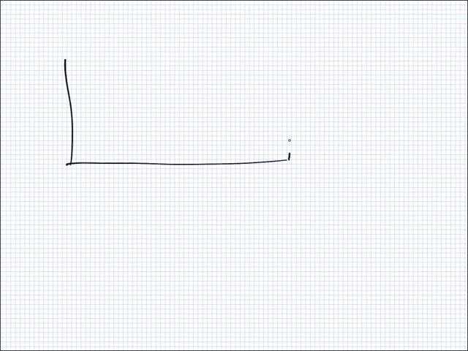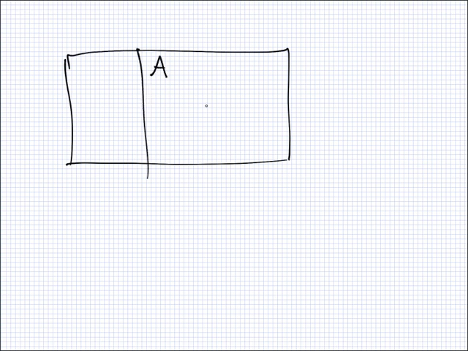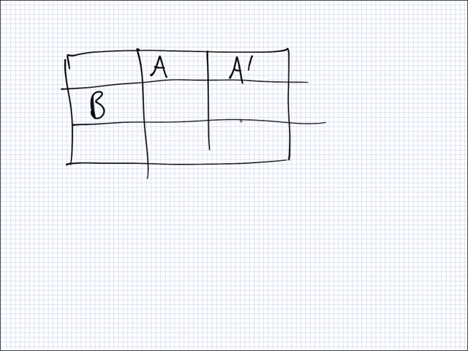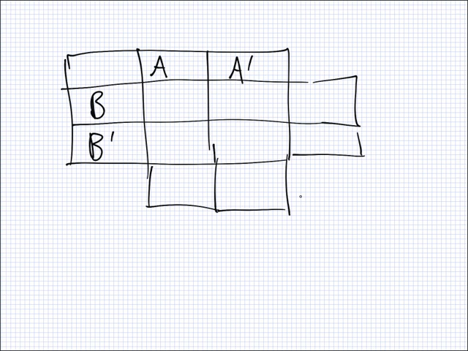Remember, we were doing our tables. You could have, for example, A and not A, B and not B, for example. And then here you have your totals, right? And then here is the total of everything, okay?